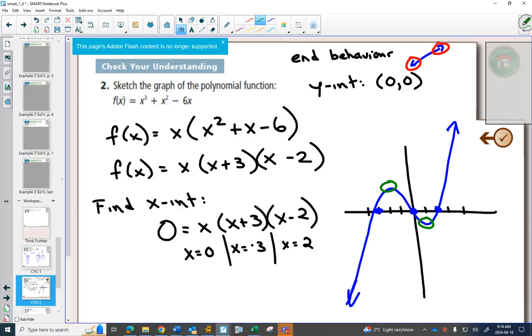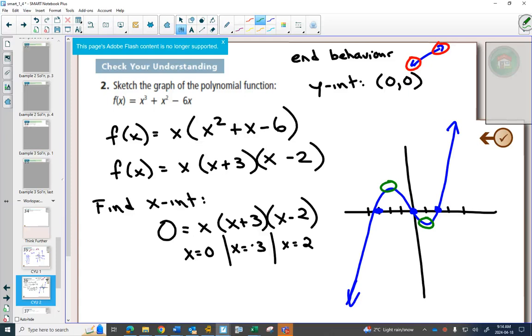But if you wanted to use your math this year to be more accurate, you go back to the basic computer idea, right? What numbers might tell us how high it goes? Oh, plug in minus 2, plug in minus 1. See where they go, right?